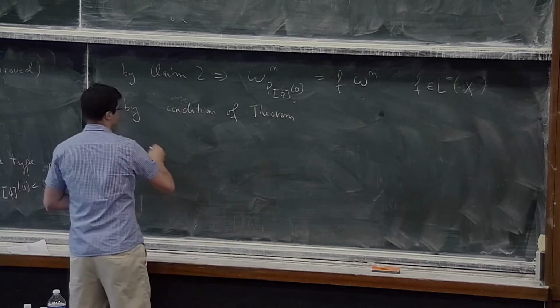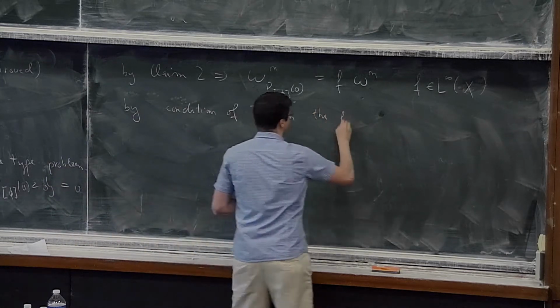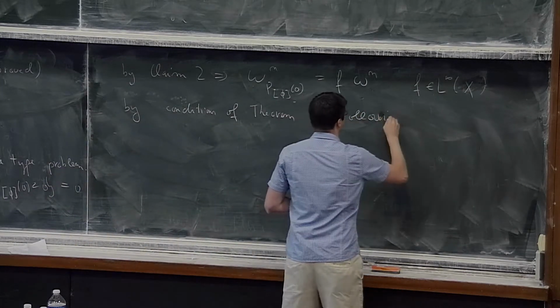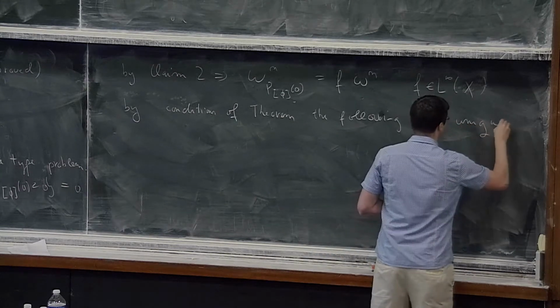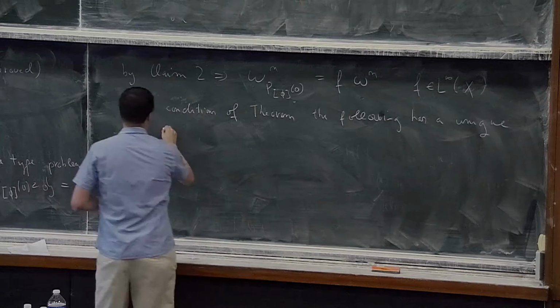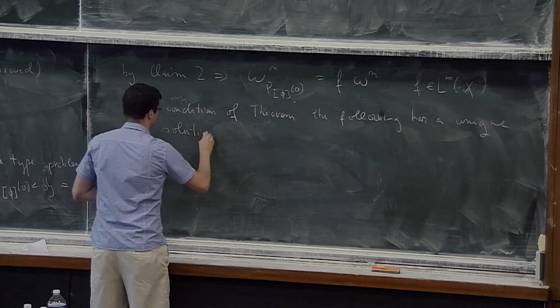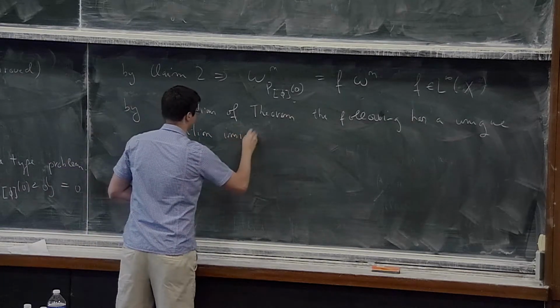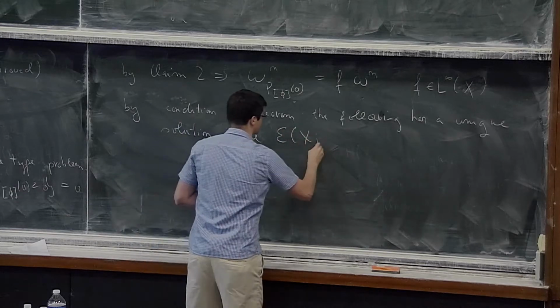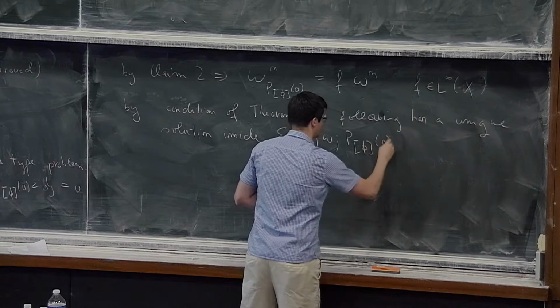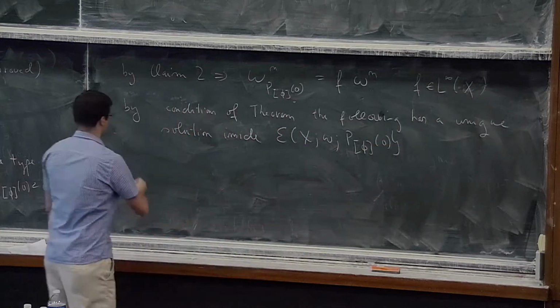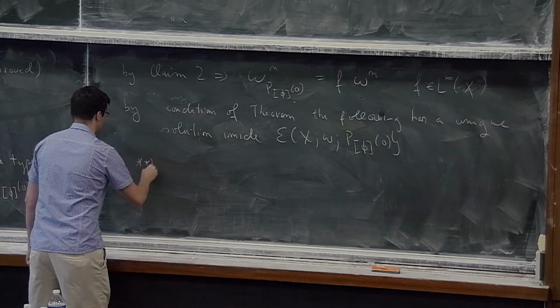So the following system has a unique solution inside this relative full mass class. Let's call this double star.